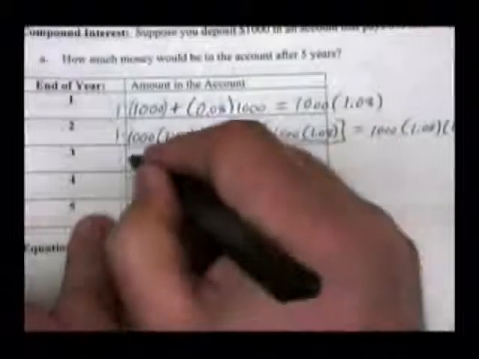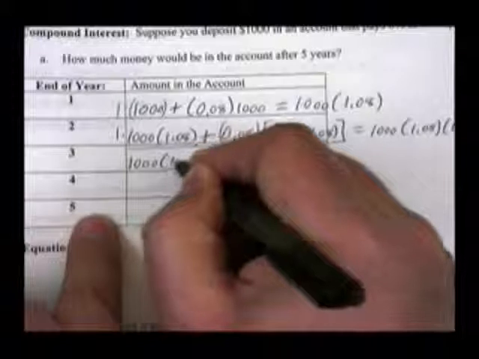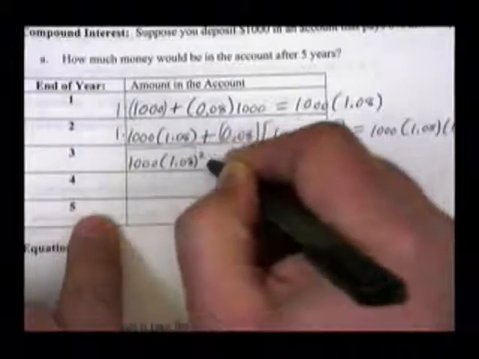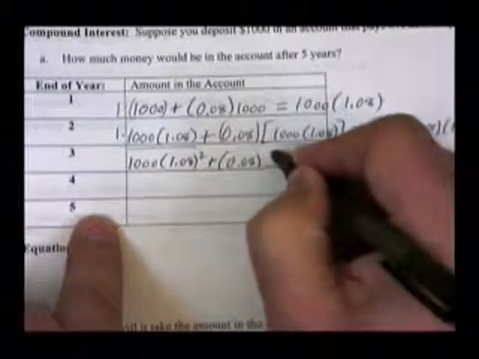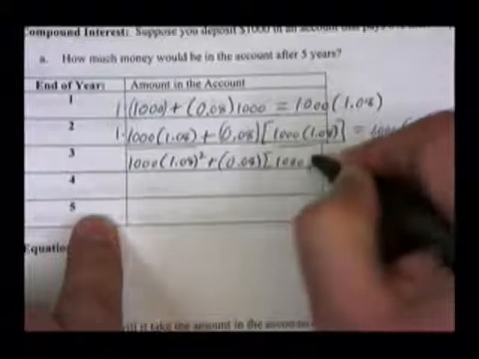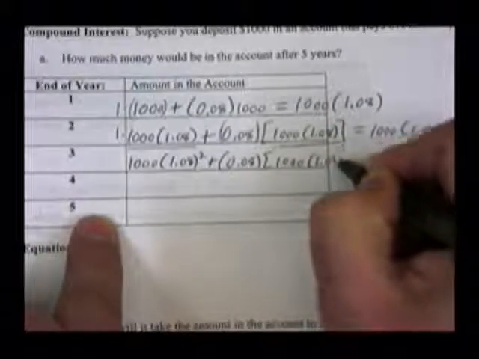Okay. Now let's go down to the third one. For the third one, I'm going to take what I had from the last one, which is 1,000 times 1.08 squared, plus 8% times 1,000 times 1.08 squared.